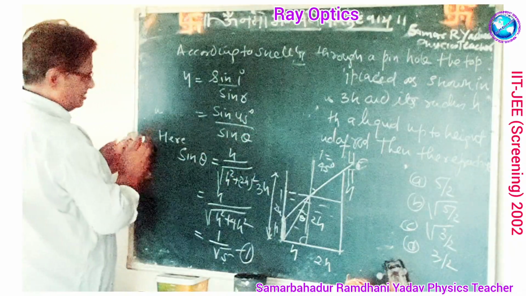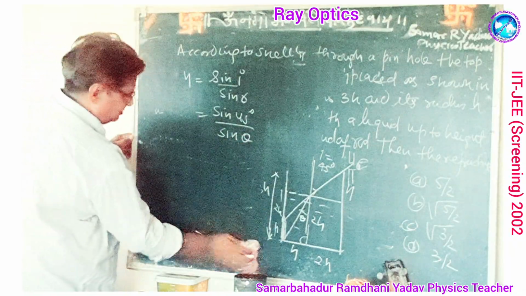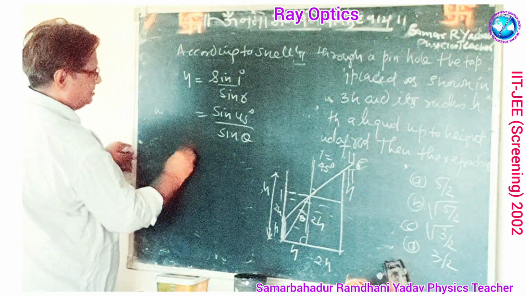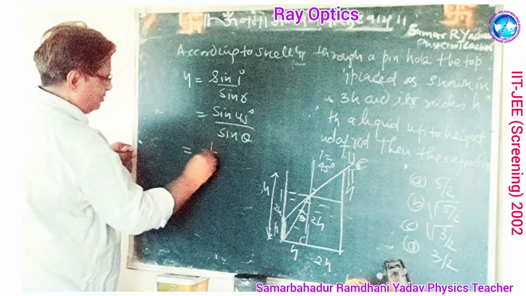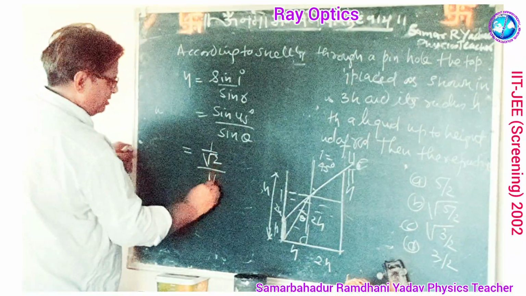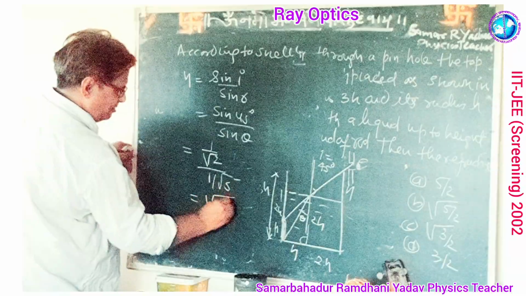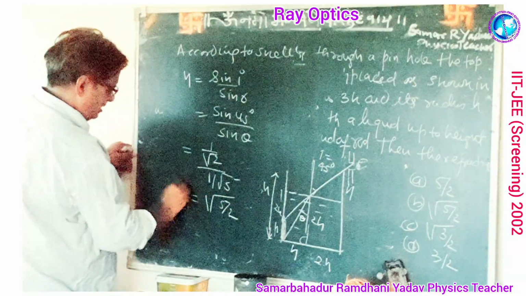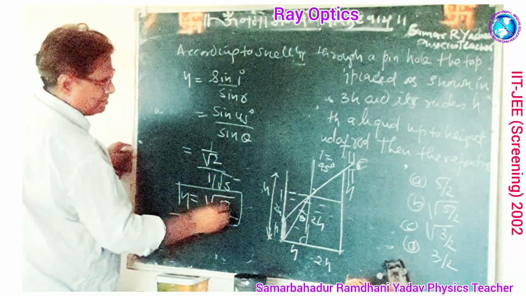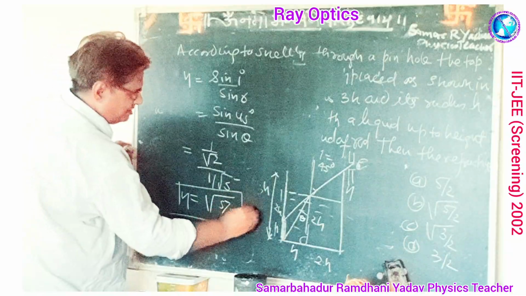Keeping the values here, we get 1 upon root 2 upon 1 upon root 5, which is equal to root 5 by 2, equal to n. So the correct option of this multiple choice question is B.